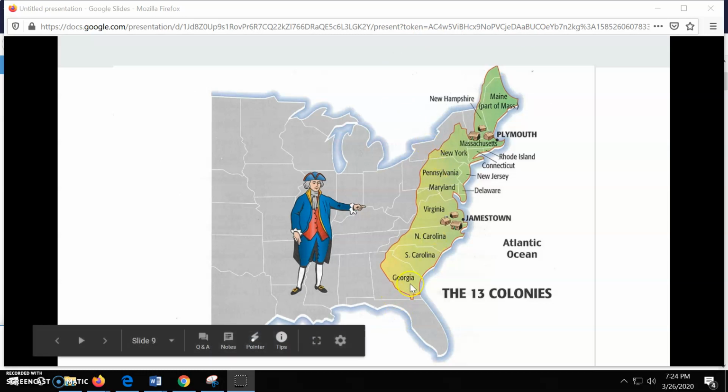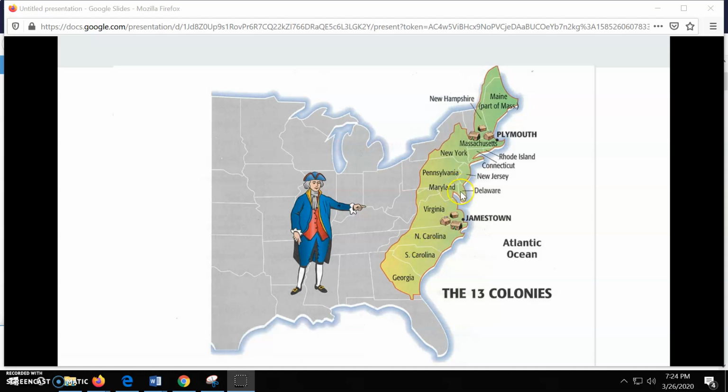We have a colony in the South, Georgia, South Carolina, North Carolina, Virginia, Maryland, Delaware, New Jersey, Pennsylvania, Connecticut, New York, Rhode Island, Massachusetts, Plymouth, Massachusetts, New Hampshire, and Maine.